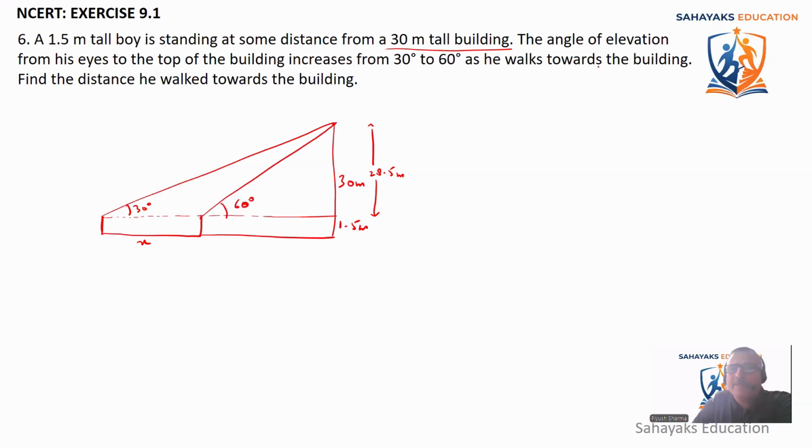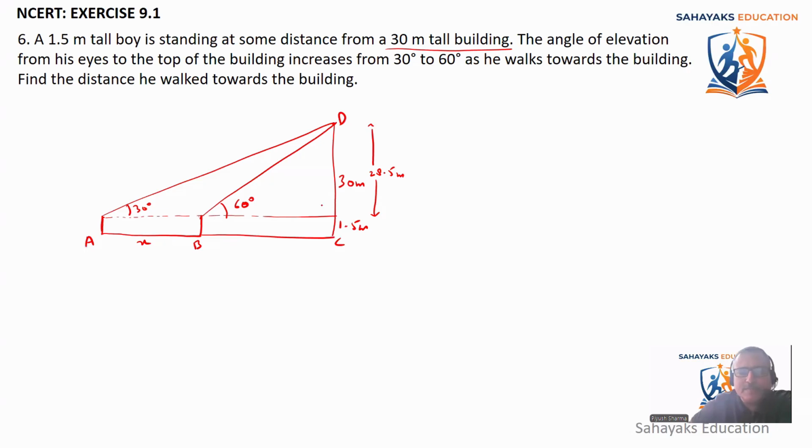He walks to the building, find the distance. So we have to find the distance X covered by him. So it is A, B, C, D. Now we'll make two equations, one with 30 degree and one with 60 degree, to find the values.